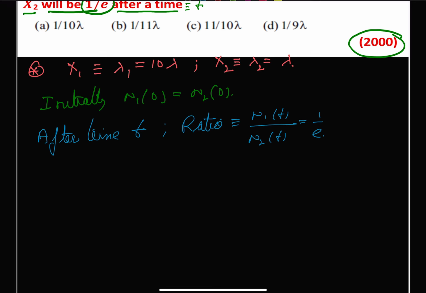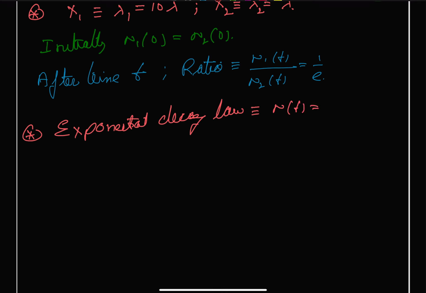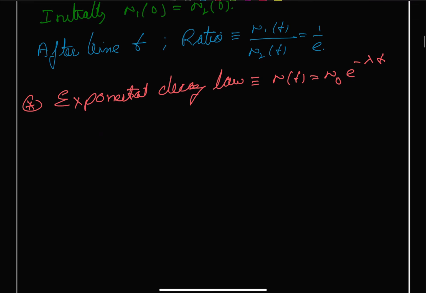So it is directly based on the decay law, or we can say the exponential decay law, which tells us that for any time t, N will be equal to the initial value N naught e raised to power minus lambda t. So we have two samples, X1 and X2.